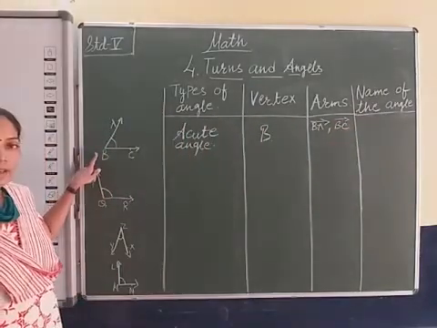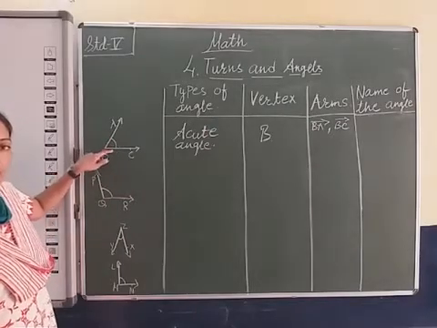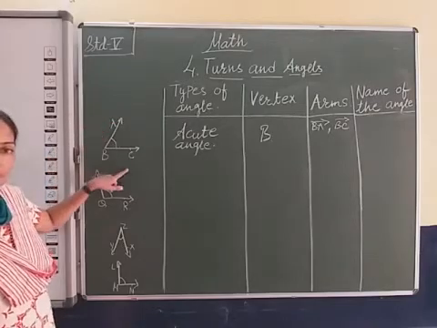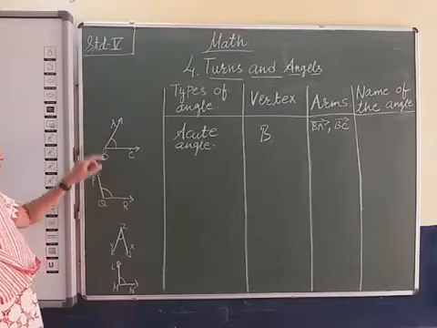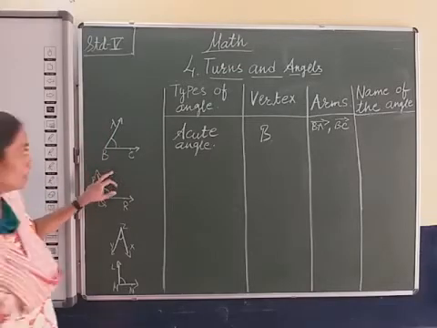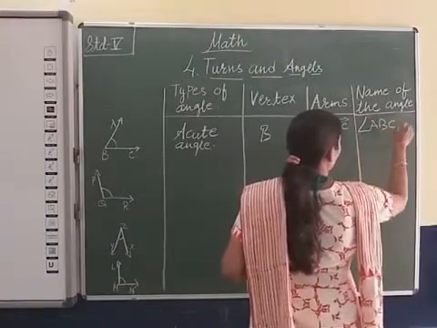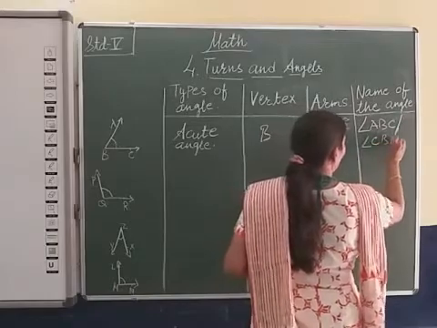Name of the angle, see this is the angle, and we give the name, either we say angle ABC or we say angle CBA. Yes, both answers are right. Either we write here angle ABC or angle CBA.